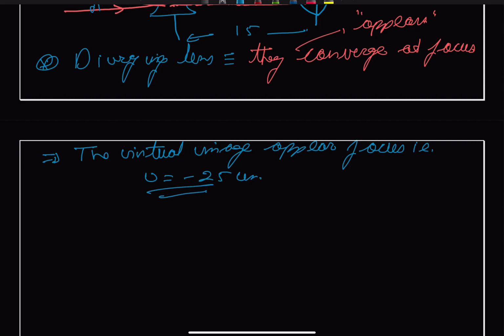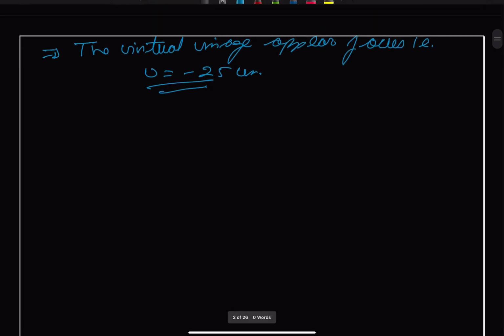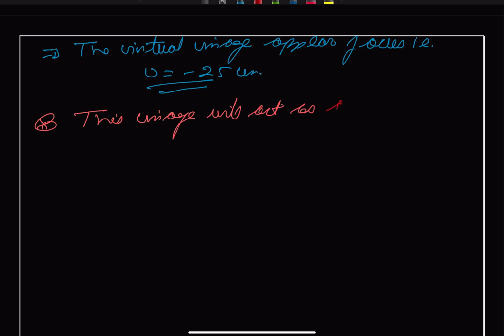And this image will act as object for the converging lens.